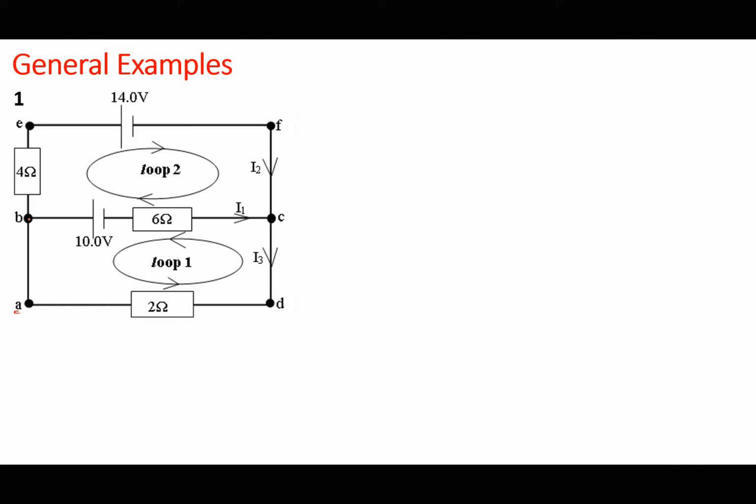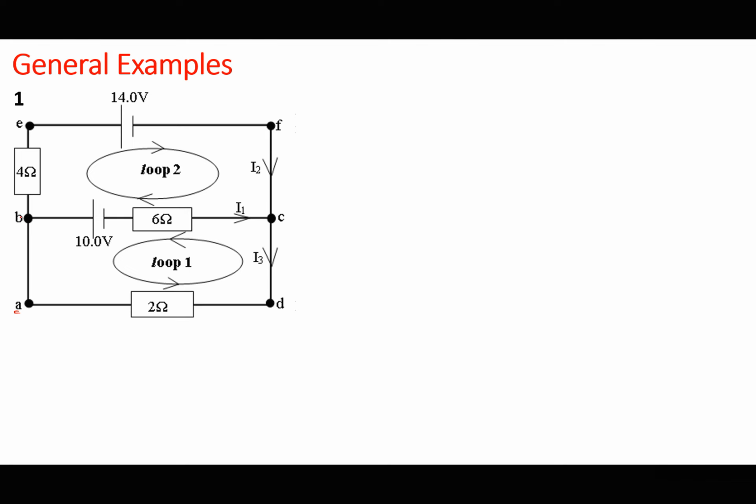Then in loop 2, we have to move from B. Loop 2 is clockwise, so it is B to E to F back to C and back to B. That is the second loop.